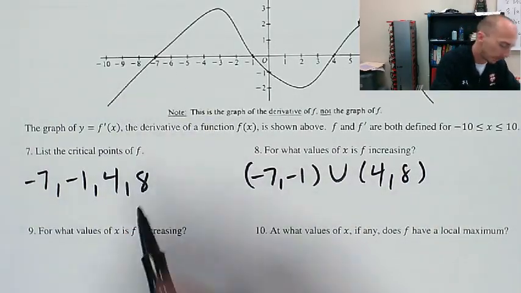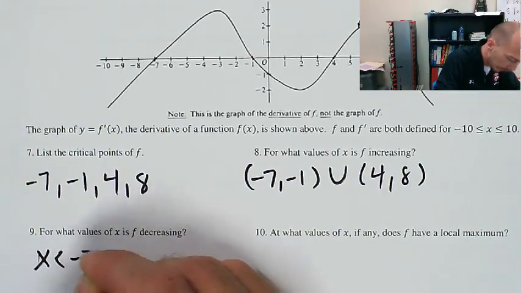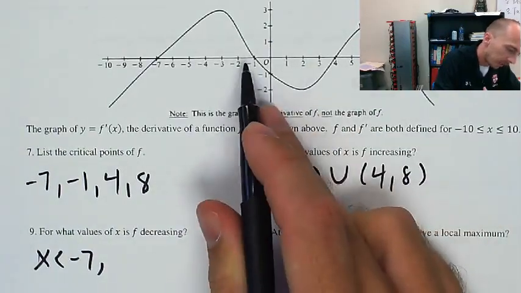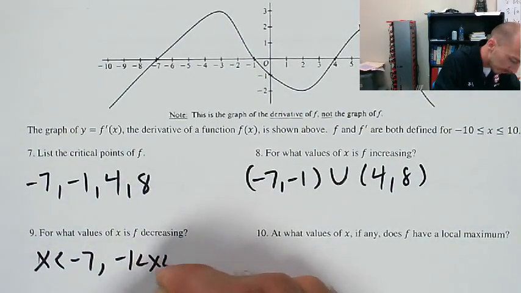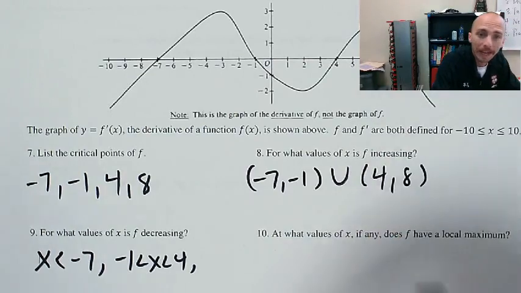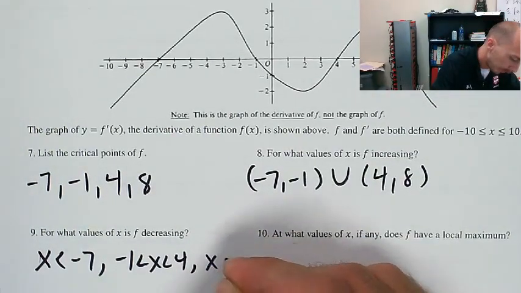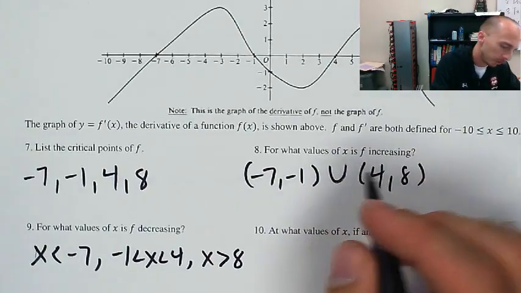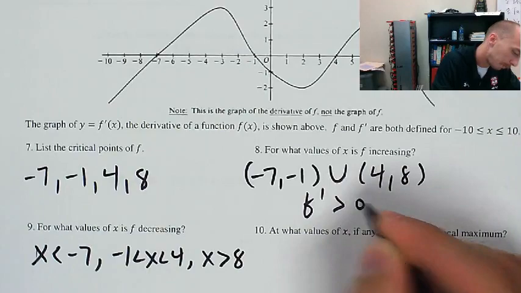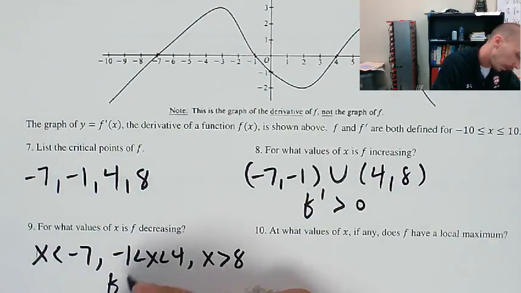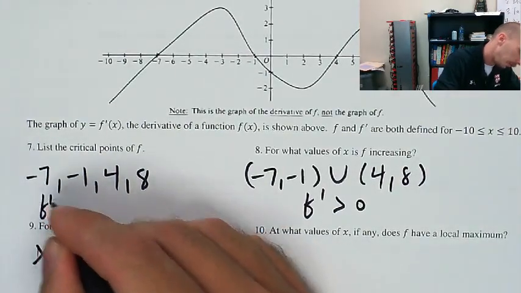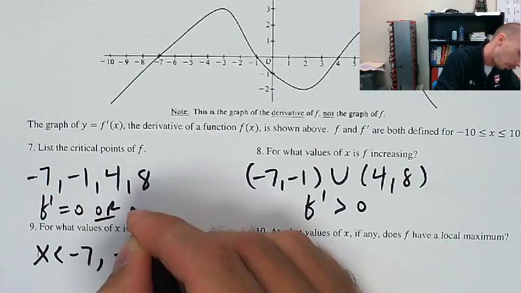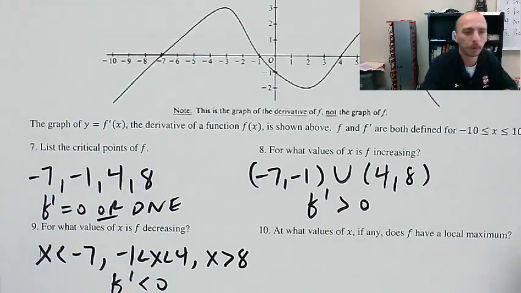So x is less than negative 7, here where it's negative 1 to 4, and then also bigger than 8 is where f prime is negative. I didn't ask for a reason, but it's always good to give a reason. So I'm going to say f prime is positive over here, f prime is negative here, and here f prime equals 0 or fails to exist.